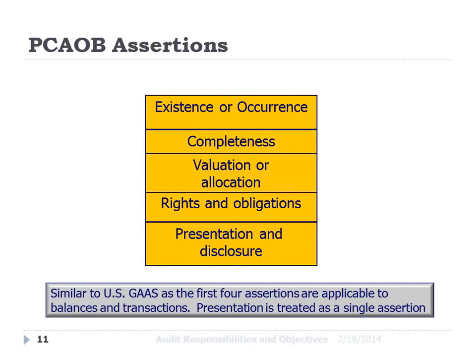Okay, has everyone had a chance to go through at least half of them? Okay, so let's start with the PCAOB assertion, existence and occurrence. So what is the corresponding ASB assertion?